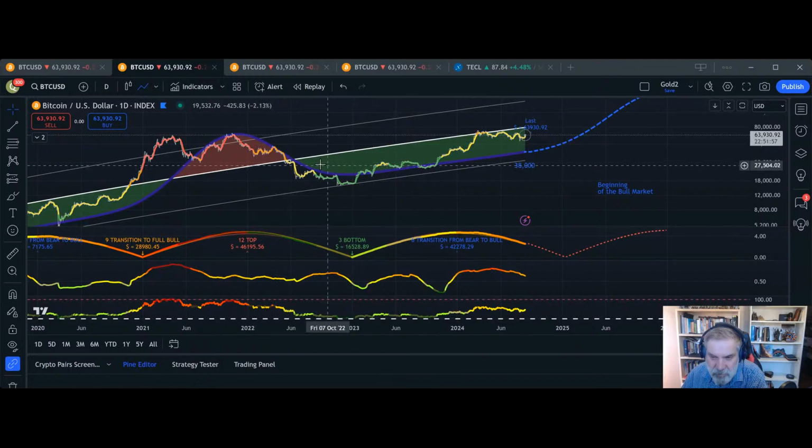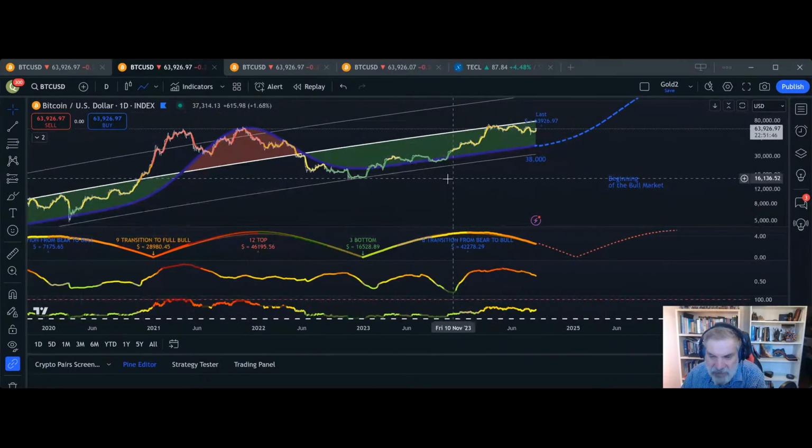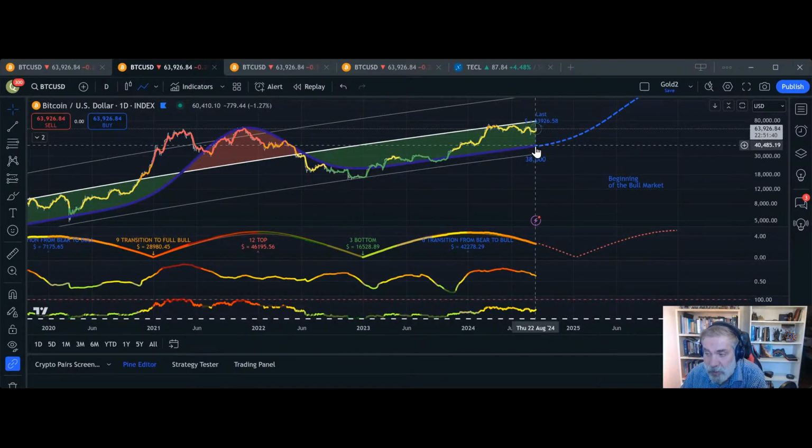It's based on what we call the full model. So it's another kind of level that is kind of a support, but a little bit higher. And this is really the radical support where we basically never go below. This one is closer to the liquidity model. This is what the liquidity model says, that we should be around 40,000.